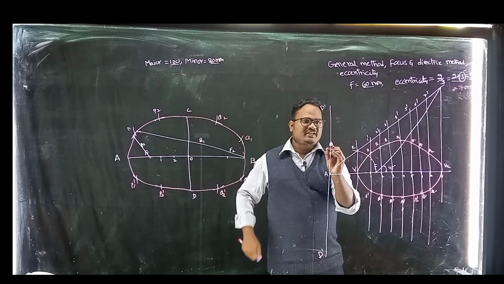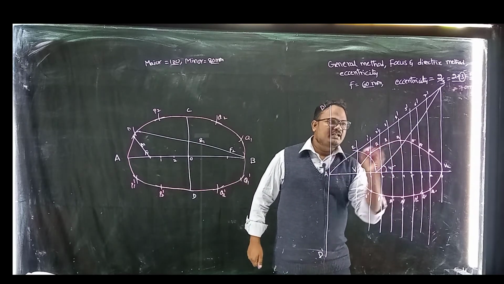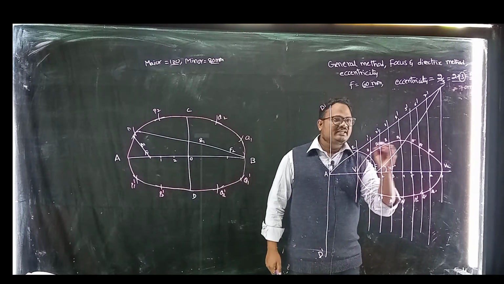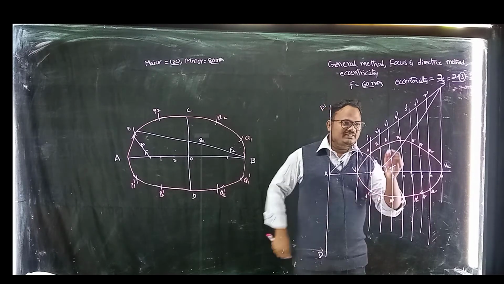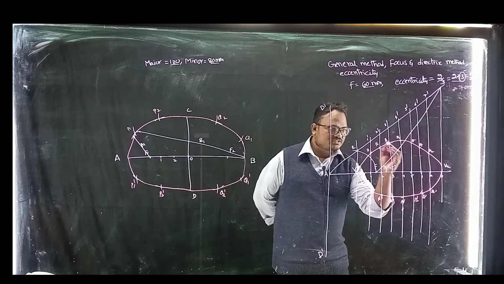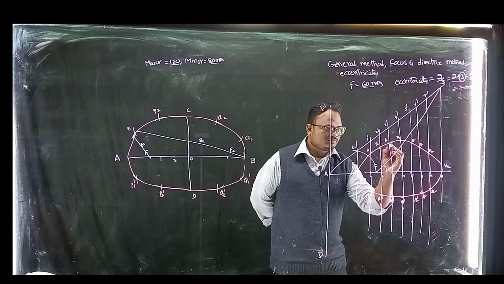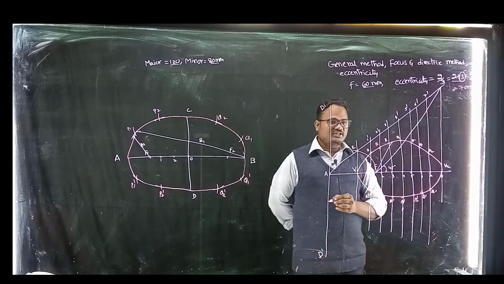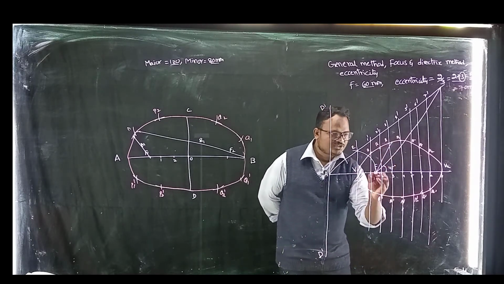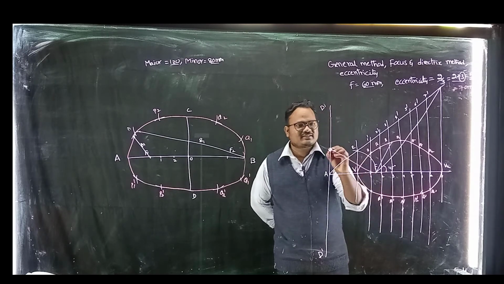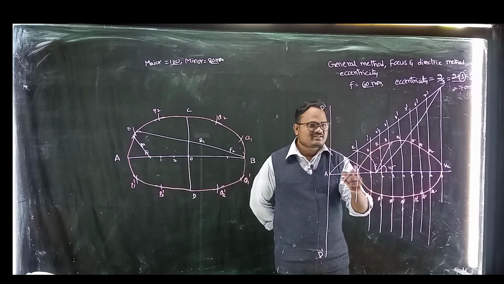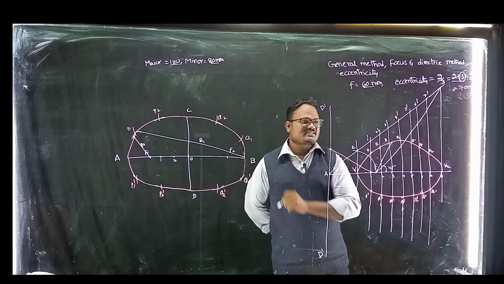Wherever the 70 mm line touches the elliptical curve, that is the initial point. This initial point you have to join to the focus F. From this line draw a 90 degrees line. This 90 degrees line touches the directrix somewhere.